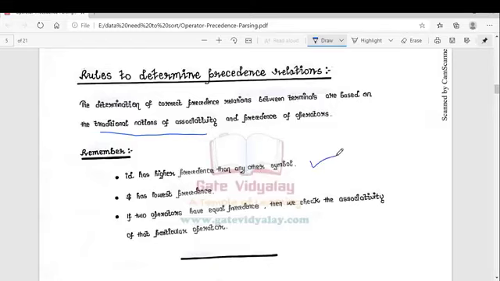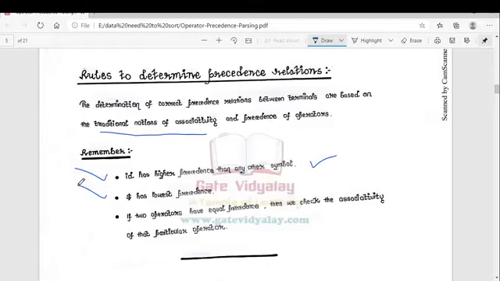Like in previous lectures, when we talked about ambiguous and unambiguous grammar, id always has the highest precedence. So id has the highest precedence in this case too, and the dollar sign has the lowest precedence.